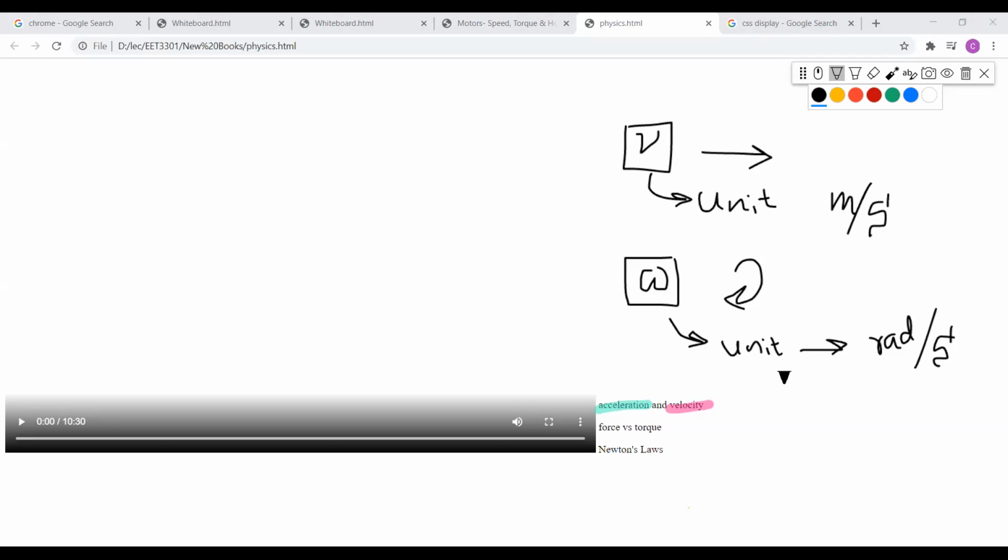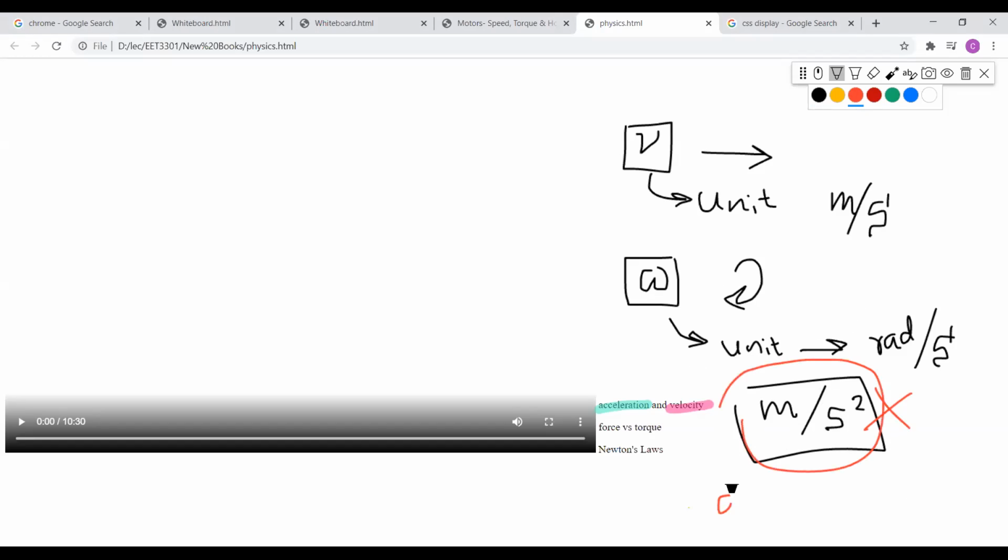Someone has said that you are measuring angular velocity, which is omega, using this unit, right? This is wrong. The reason is I just said a while ago that we are using this same unit for acceleration. This is the unit of acceleration.